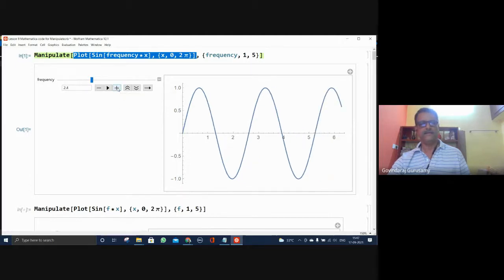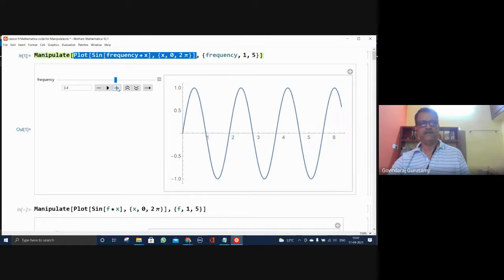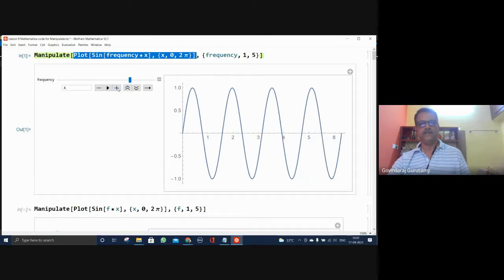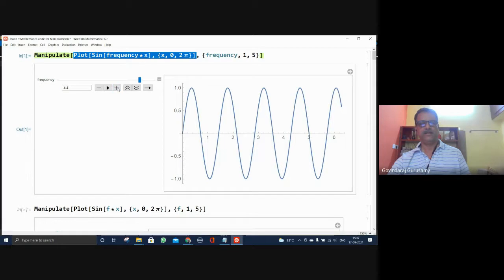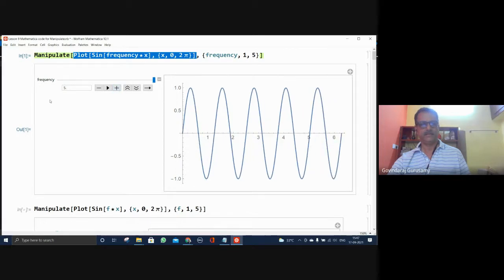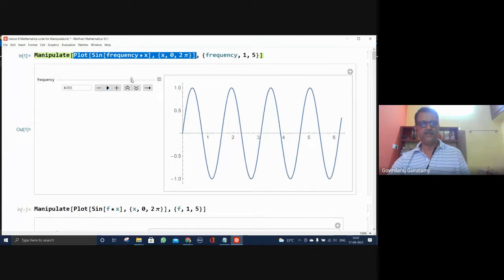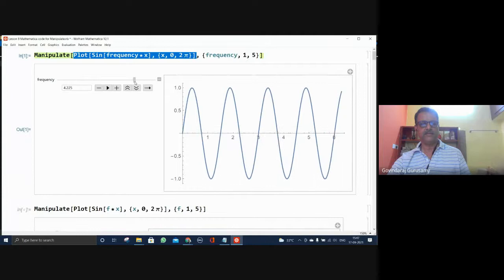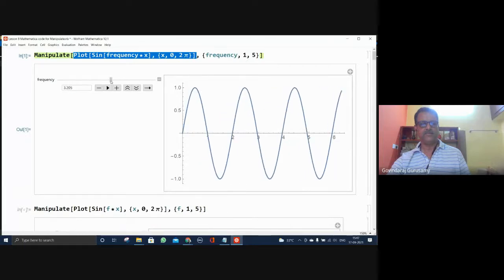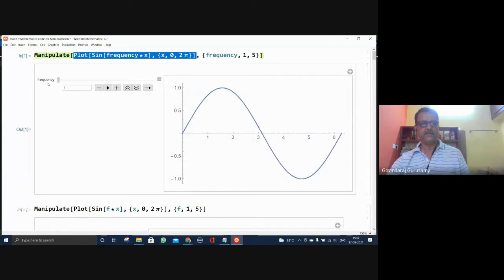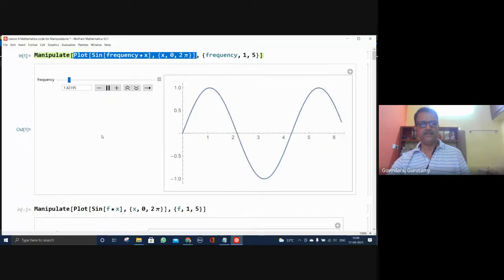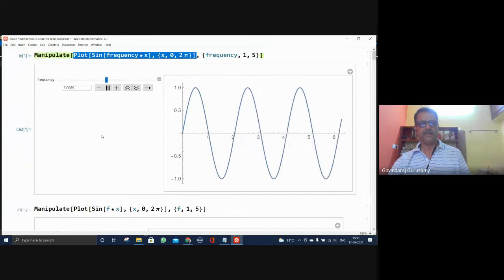Similarly 2.2, and I can go to 3.2. This can be repeated again and again, and this is what Manipulate is doing. Since it is given 1 to 5, you can see all the in-between values too, by changing the frequency value continuously.